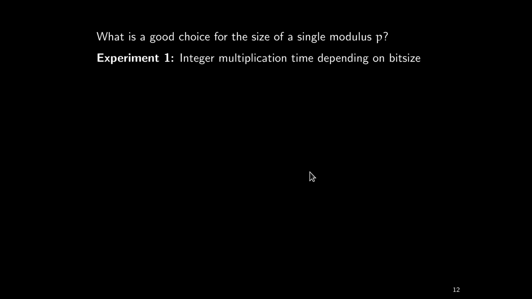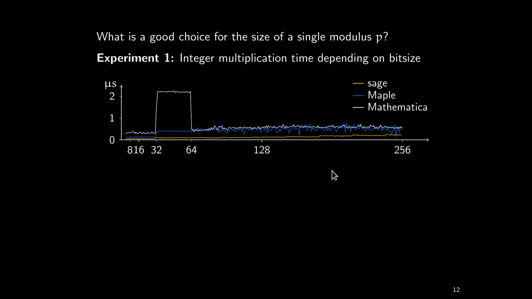So in order to get an idea of what the optimal choice of the size of a prime is, if we compute on a real computer, let's do some more experiments and see what is the cost of integer multiplication on an actual computer for an actual software, depending on the size of the integers. So here's an experiment that I did for you for 3 software systems, Sage, Maple, and Mathematica.